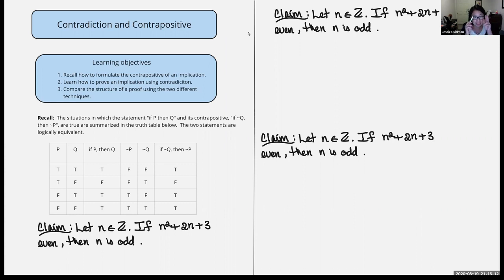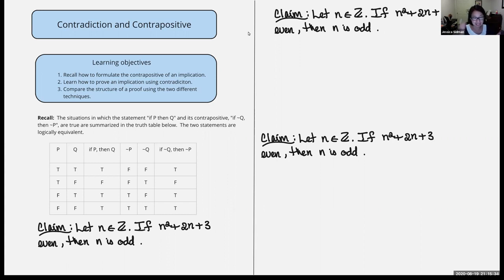Now, in the next two columns, you see not P and not Q, and all possible true and false values for those. You can see in a row, if P is true, then not P is false, and vice versa, same for Q, okay?